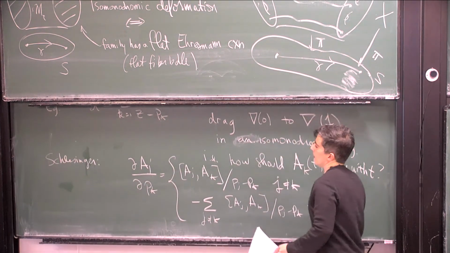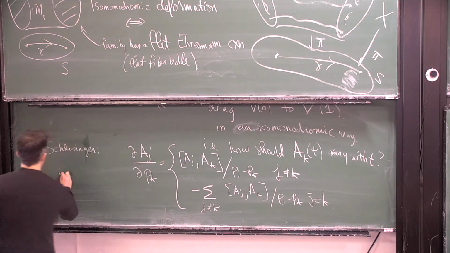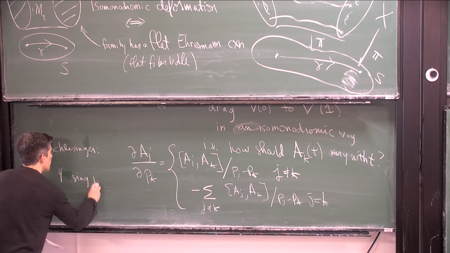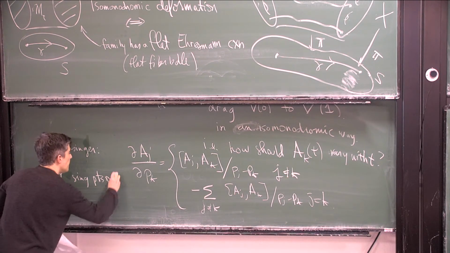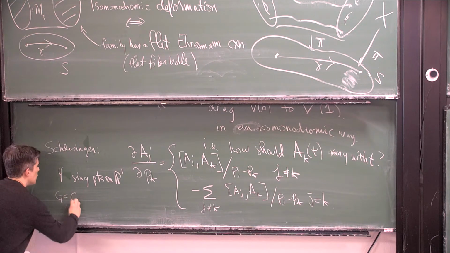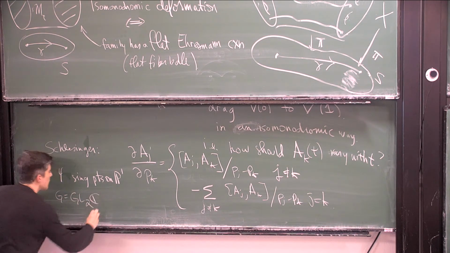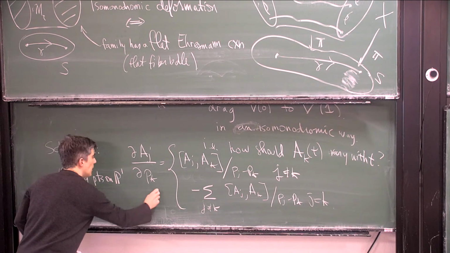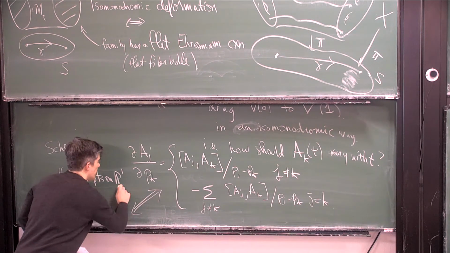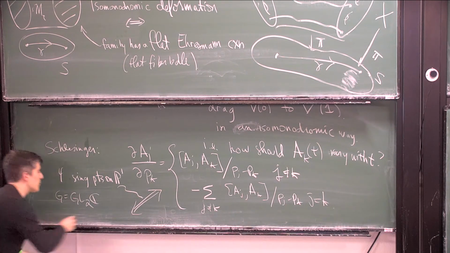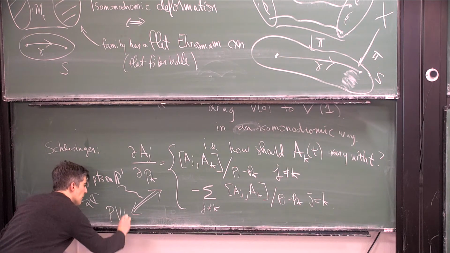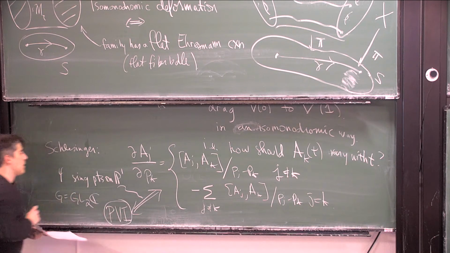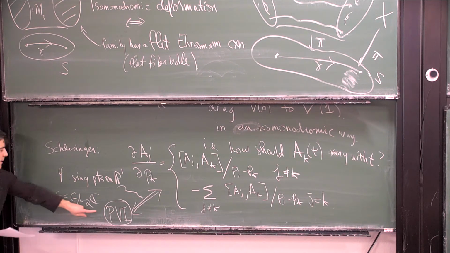And in the case where there are 4 singular points on P1, and if the group is GL2, this system of equations is equivalent to the Painlevé 6 non-linear ordinary differential equation.